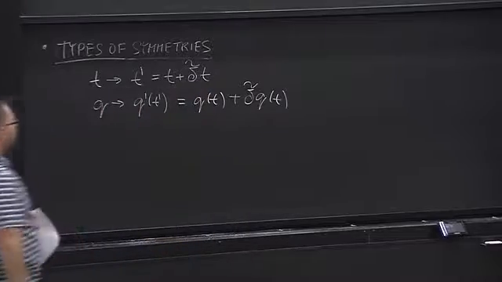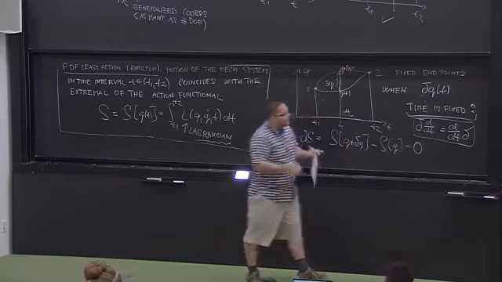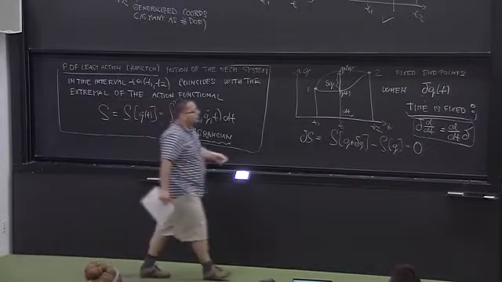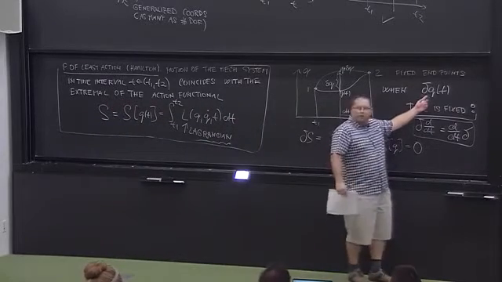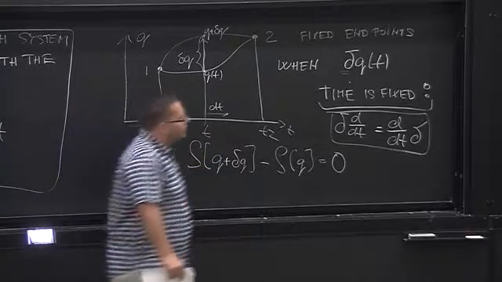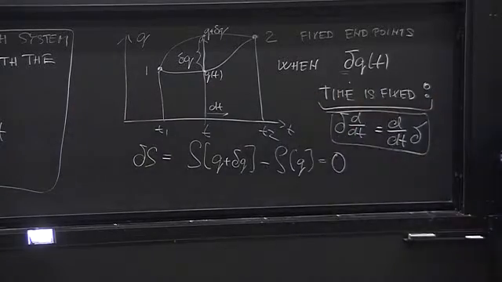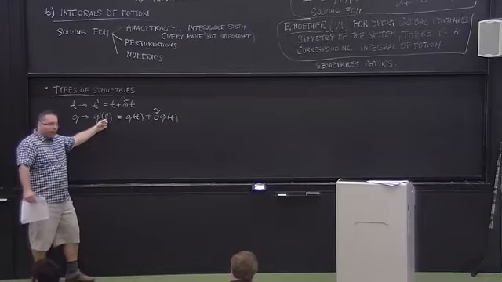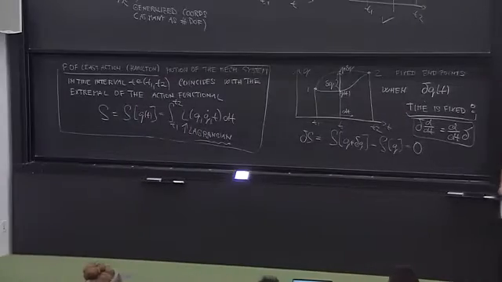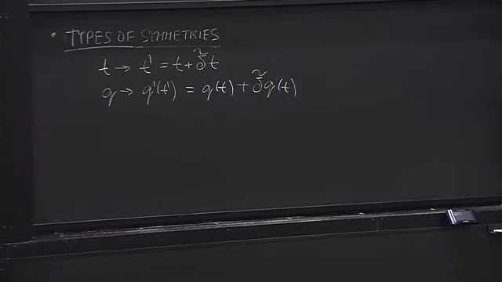Okay, so notice here that I introduced this delta tilde. It's a different variation than this variation here. So this variation here kept the time fixed. This variation here, if you look at here, I am considering q prime at t prime minus q at t. And that's given by this delta tilde. So this actually changes time. And so it's a different type of variation.